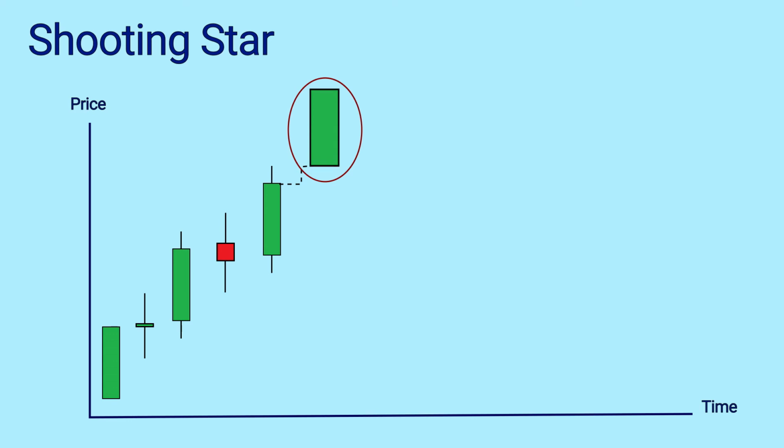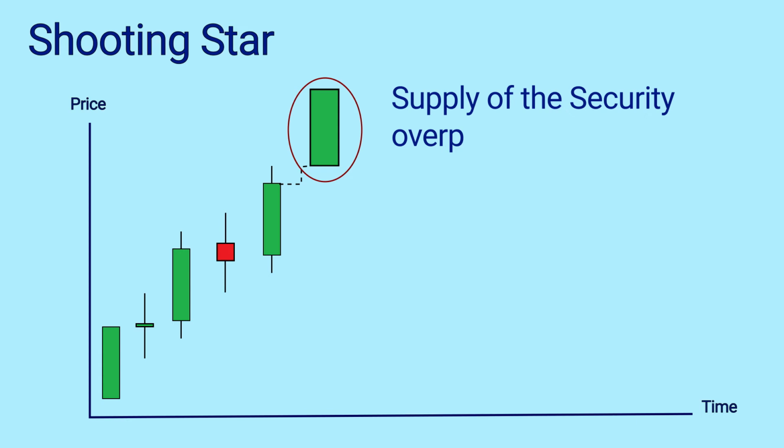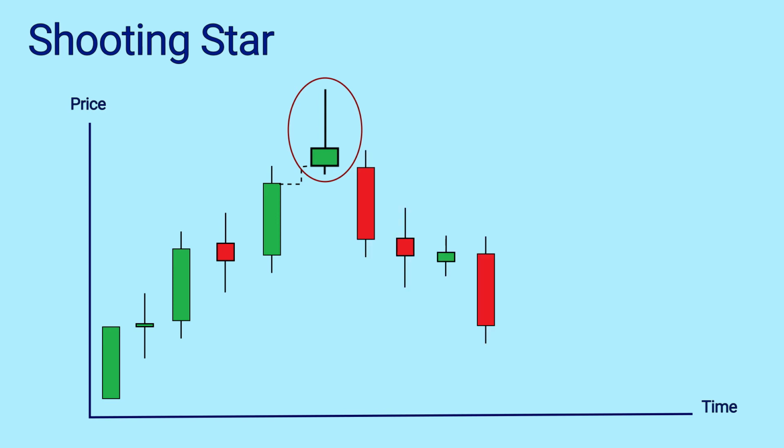And then at the top end of the day's range, the sellers or the supply of the stock or the security should overpower the demand, and the price should move lower, and eventually an inverted hammer kind of formation at the top of the uptrend should be formed.